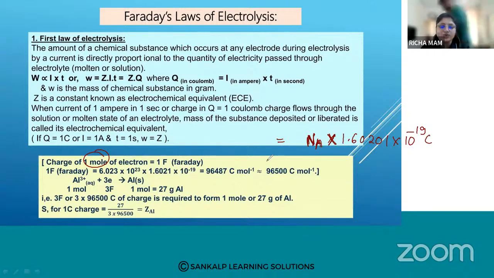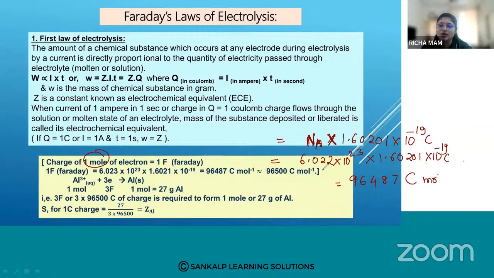So what is 1 Faraday? If you calculate this, 6.022 into 10 raised to 23 into 1.602 into 10 raised to minus 19 coulomb gives 96,487 coulomb per mole.